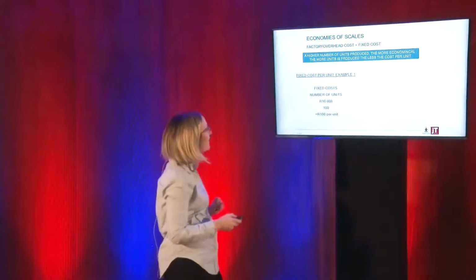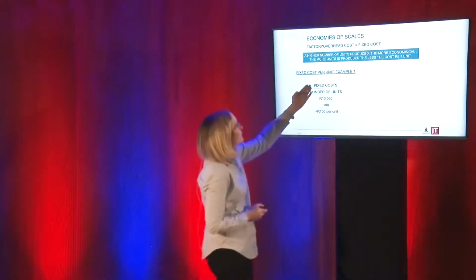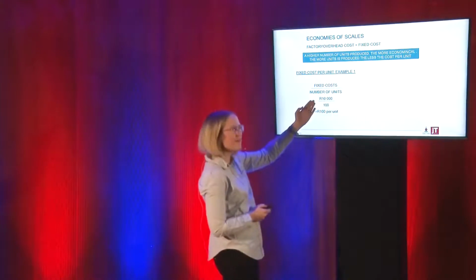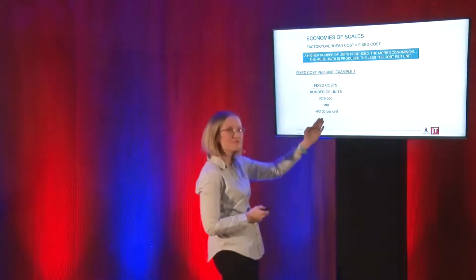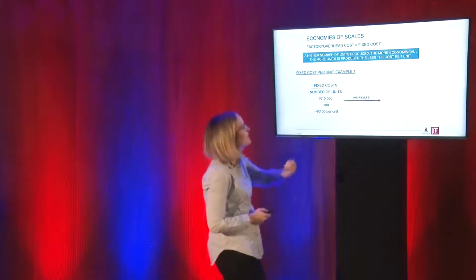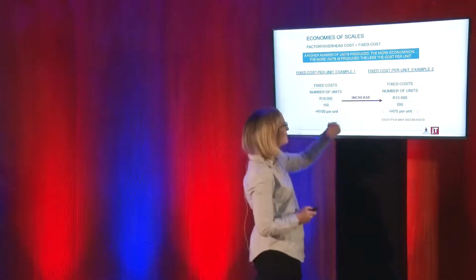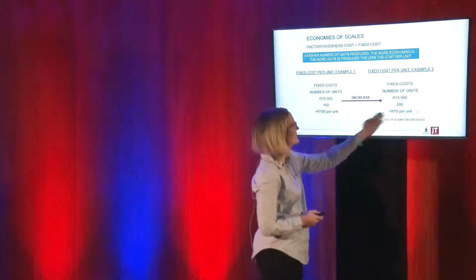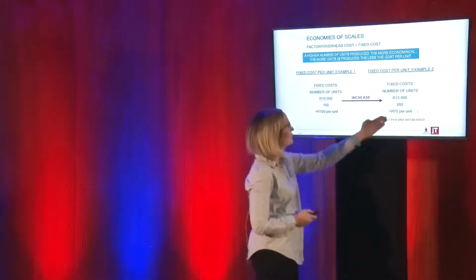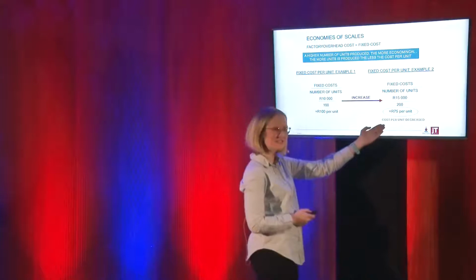Why is that? This is what we call economies of scale. So if I look at this, my fixed cost divided by the number of units is 100 Rand per unit. If that increases now, my fixed cost and my number of units produced, look what happened to the fixed cost per unit. It actually decreased.